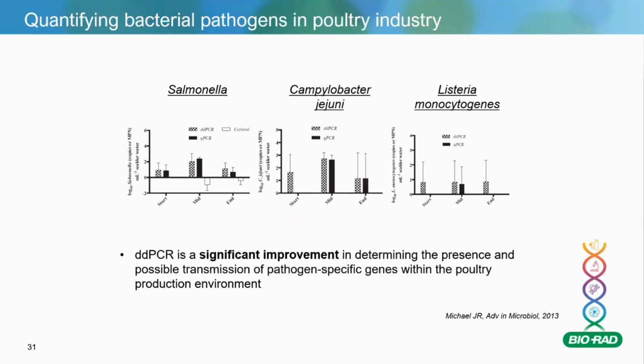And then that same study looked at the different pathogens, the practical use of ddPCR, qPCR, and culture, and you can see in most cases, culturing was unable to detect, and real-time PCR was only able to detect in some cases, whereas ddPCR was able to detect in all cases.